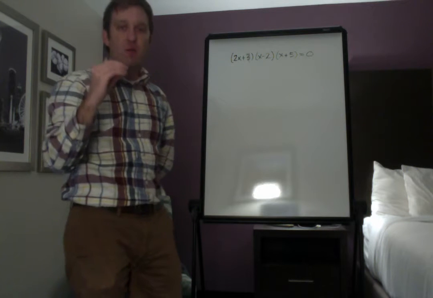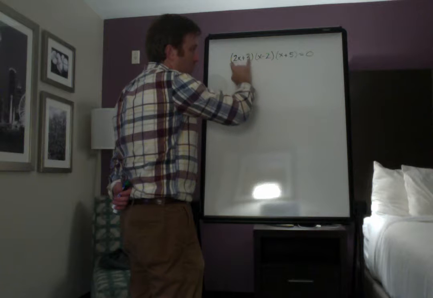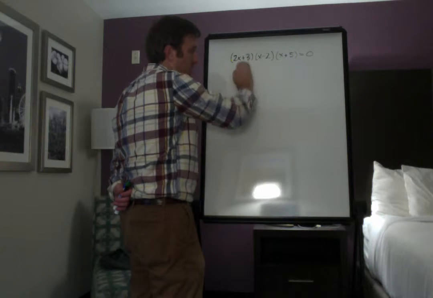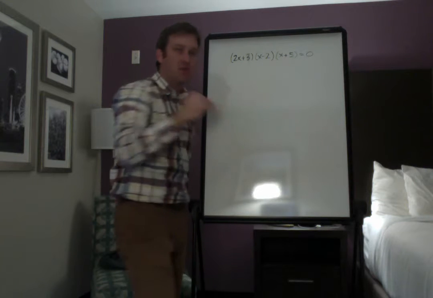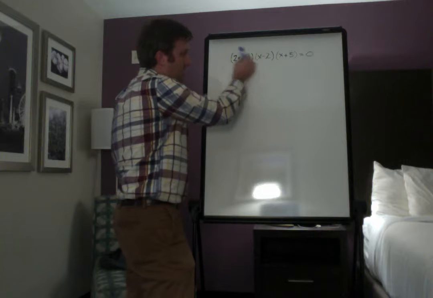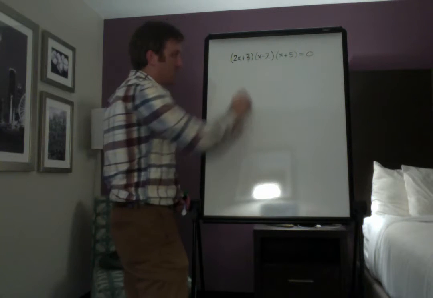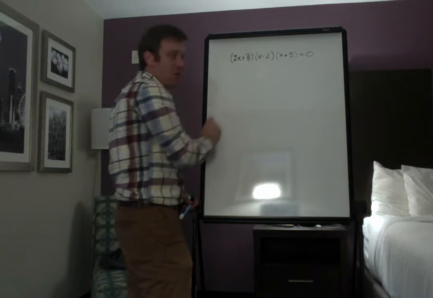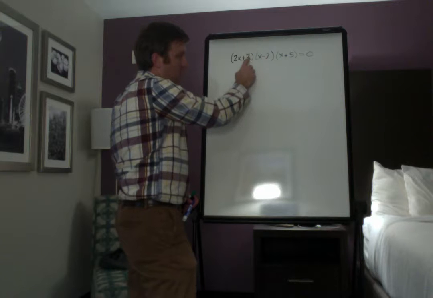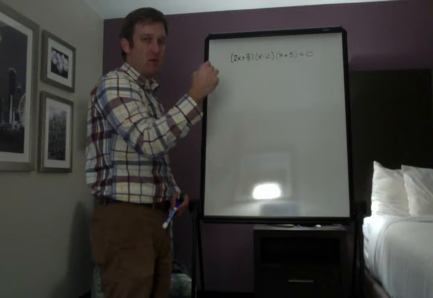Well, if you'll remember, when everything's being multiplied, we only need one of these binomials to equal 0 in order for the whole left side to be 0. Okay? So that means here, in the 2x plus 3 binomial, if my x is negative 3 over 2, so I change the sign here and then take this number and put this coefficient in the denominator, that's one of my zeros.